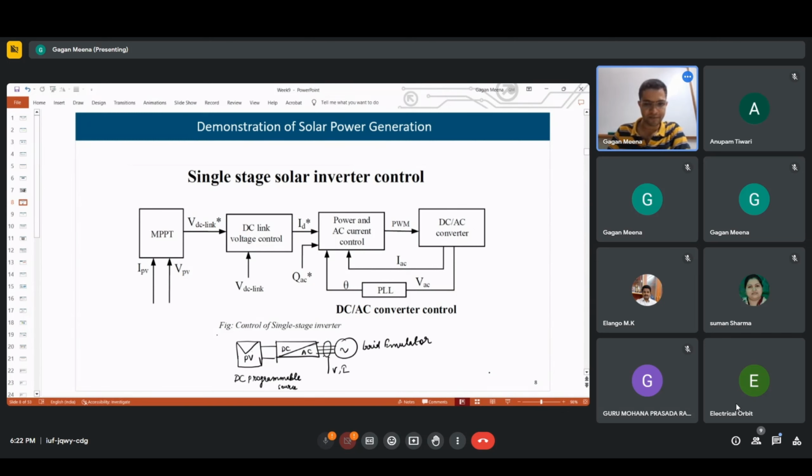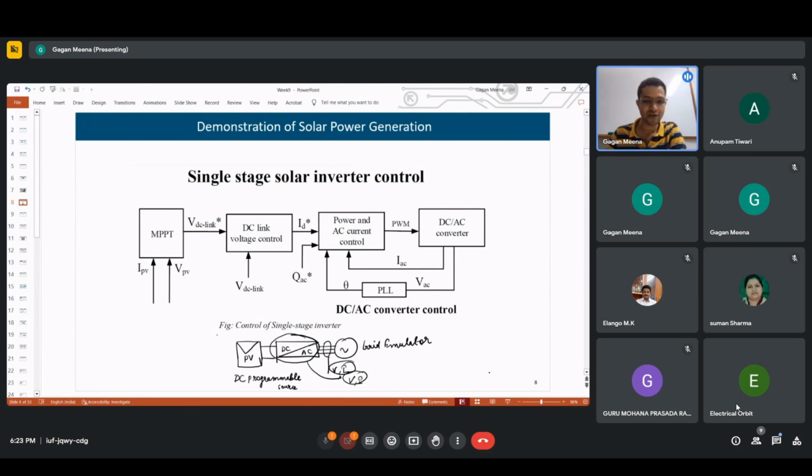Then this is the converter in between, which will convert DC into AC, and to develop its control logic to extract the maximum power, we have to make control loops. For that we need to sense the voltage and current, so we need sensors.